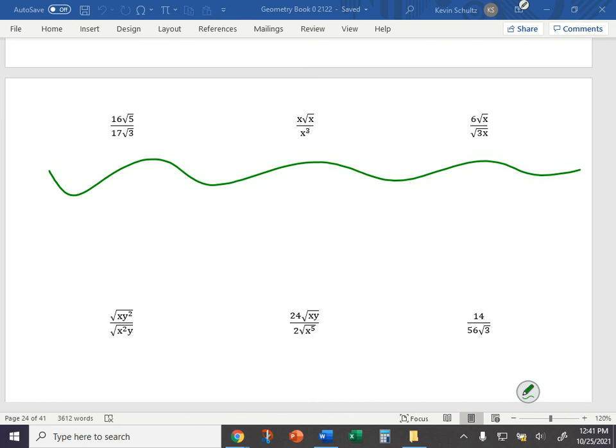Everything up until the green line. Okay, so homework for tomorrow, up until the green line. We'll wrap this up tomorrow.